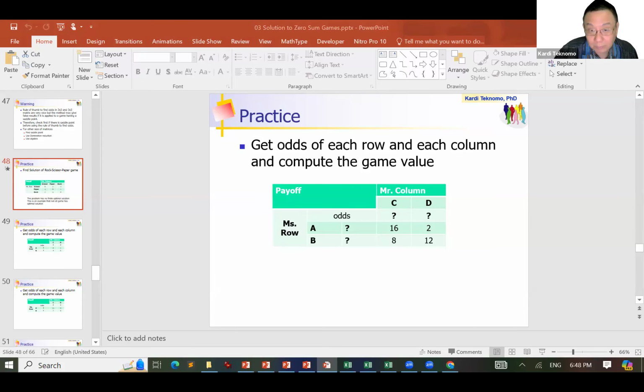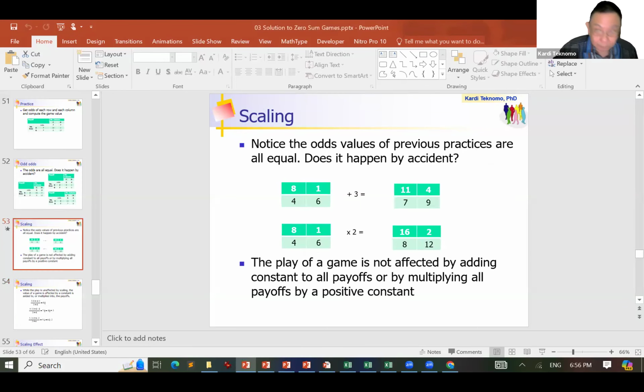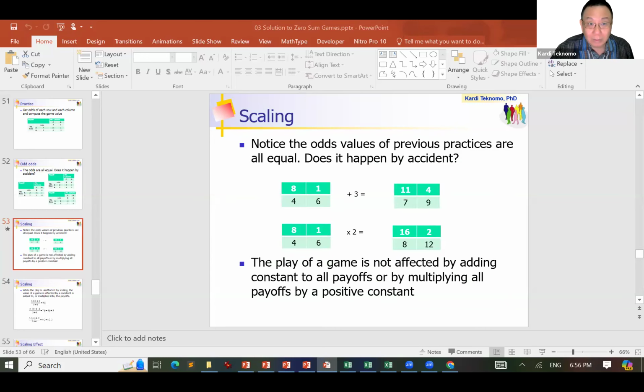So can you see? When you use the 3 of them, the art is exactly the same. And you can just add 3 and multiply by 2.